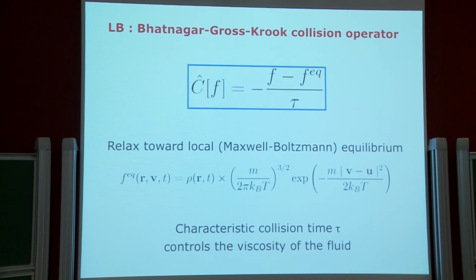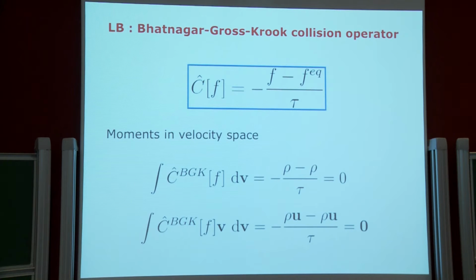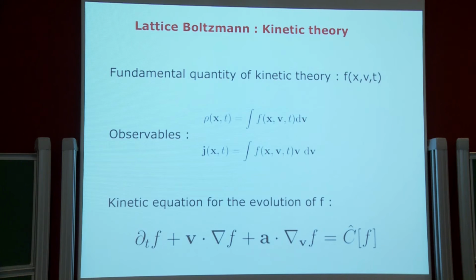Now, I told you that it's sufficient to use this BGK operator to recover the hydrodynamic behavior. One reason is that you will recover the hydrodynamic equations, the two conservations I mentioned this morning, namely mass and momentum conservation, by taking the moments of this equation in velocity space.